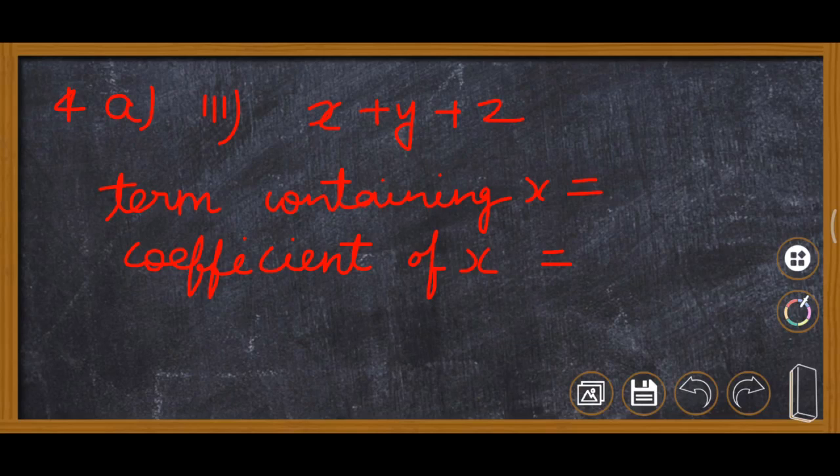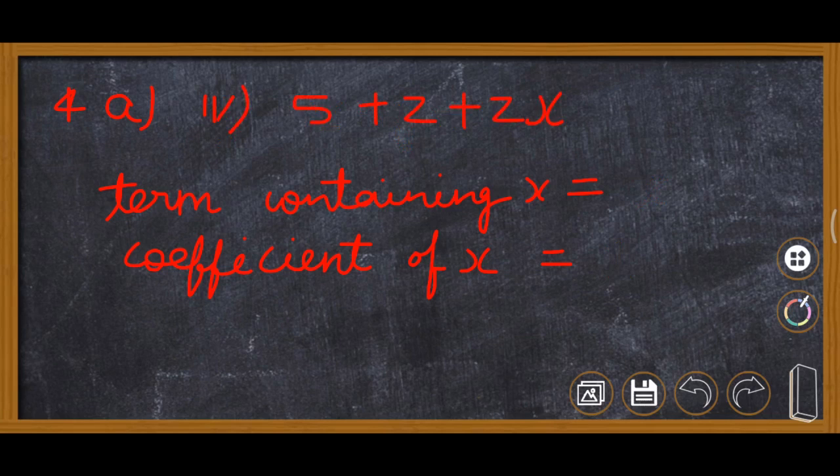Now here the term containing x is only x, and here you can see that in x plus y plus z the coefficient of x will be only 1, because there is nothing which is multiplied to x and 1 is the factor of every number. That's why coefficient of x will be taken as 1.